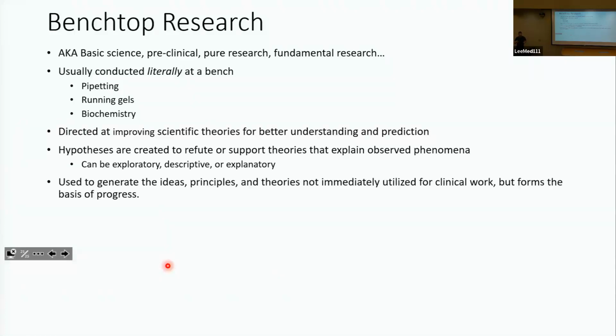And this information, what we learn from these types of studies, is used to generate the ideas, principles, and theories not immediately utilized for clinical work, but forms the basis of progress towards clinical utility. So it lays the foundation, hence its name, of fundamental research for future clinical studies.